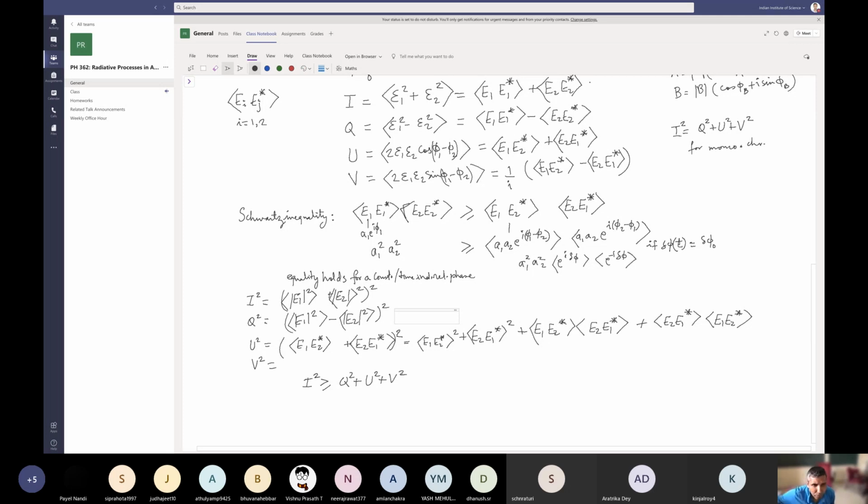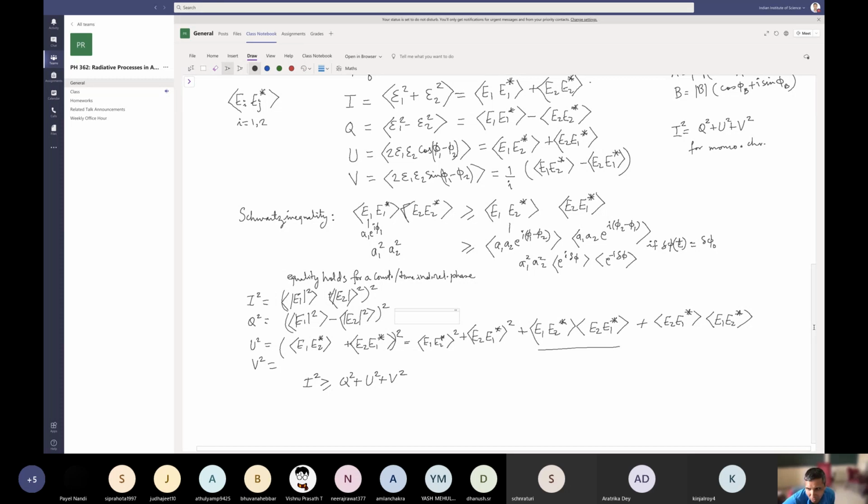What you have to do is write the absolute value of E1 squared as E1, E1 star, E2 squared as E2, E2 star, and then use this inequality at some places, because you can see terms like E1, E2 star and E2, E1 star appearing here. So these are smaller than the equivalent E1 squared, E2 squared. So that's how you prove this.